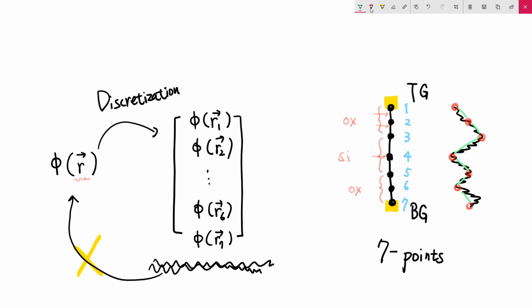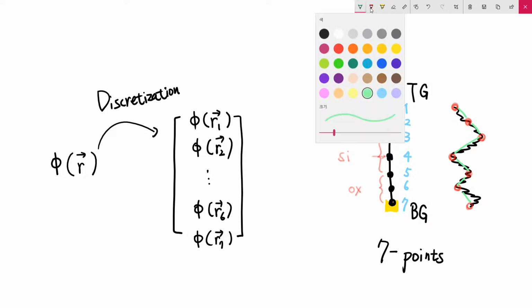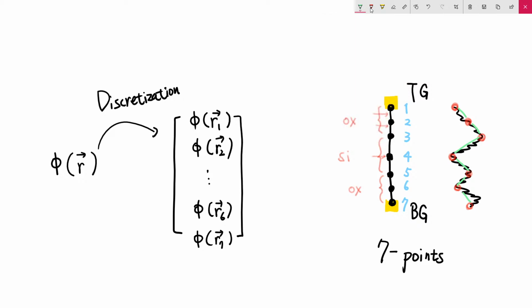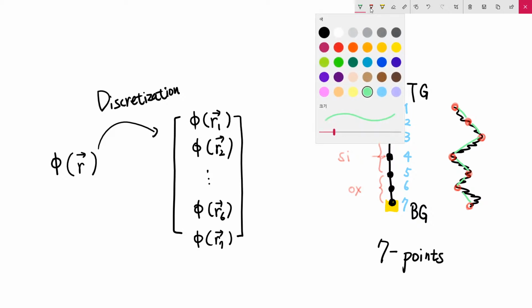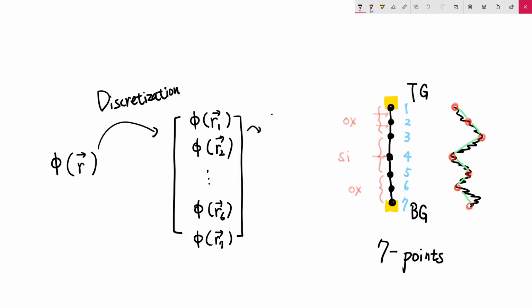So you have to understand this limitation of discretization. Anyway, you understand this limitation, and now you just label them this way: phi 1, phi 2, up to phi 7, and you treat them as sampled values.